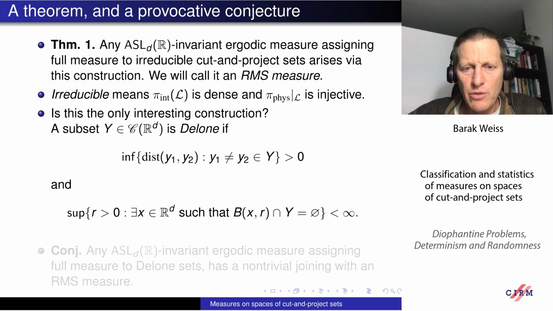And I want to just mention a question. The question is, is there any other interesting construction of a measure, not just on cut and project sets, but more generally on Delaunay sets? A Delaunay set is a set that's uniformly discrete, so the distance between any pair of points is at least some positive number, and it's uniformly dense.